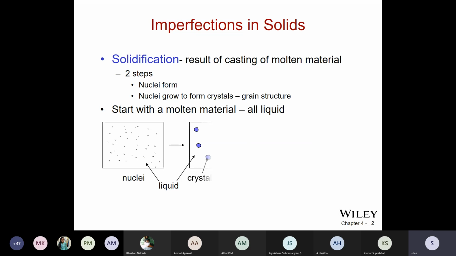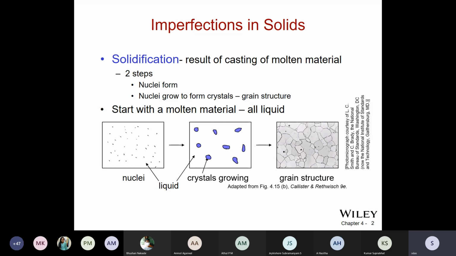Now, in the next chapter, when I teach you, I'll talk about solidification: how from a molten bath, solid metal or alloys form. But just for the sake of this class, you have a volume of molten liquid. I am cooling it below its melting point or freezing point, and tiny solid nuclei form in the molten bath.